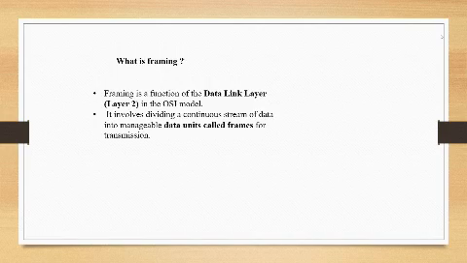It involves dividing a continuous stream of data into manageable data units called frames for transmission. It takes a long stream of data and breaks it into smaller parts called frames. This makes it easier to manage, send, and detect errors in the data.